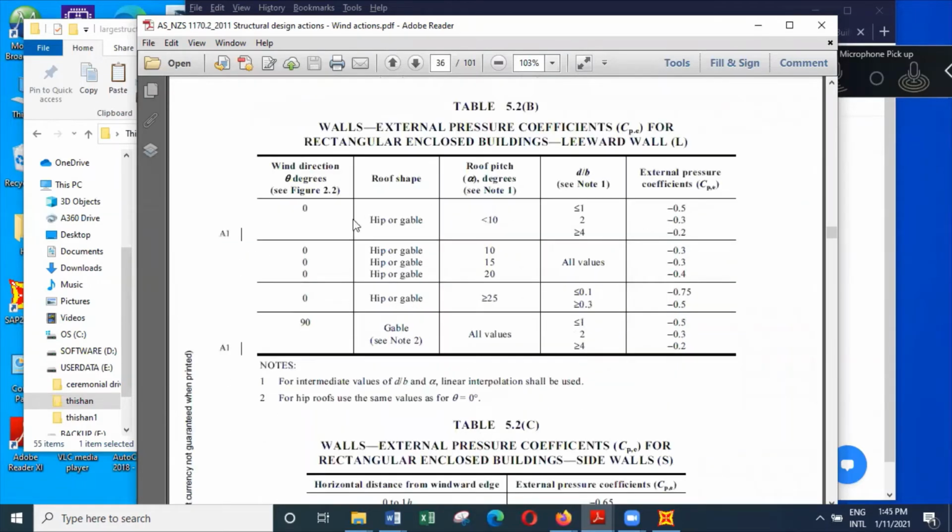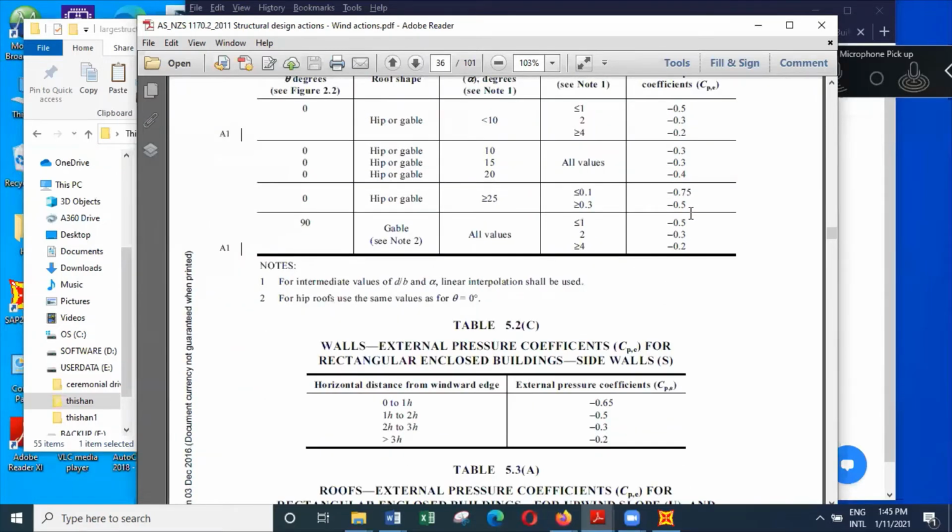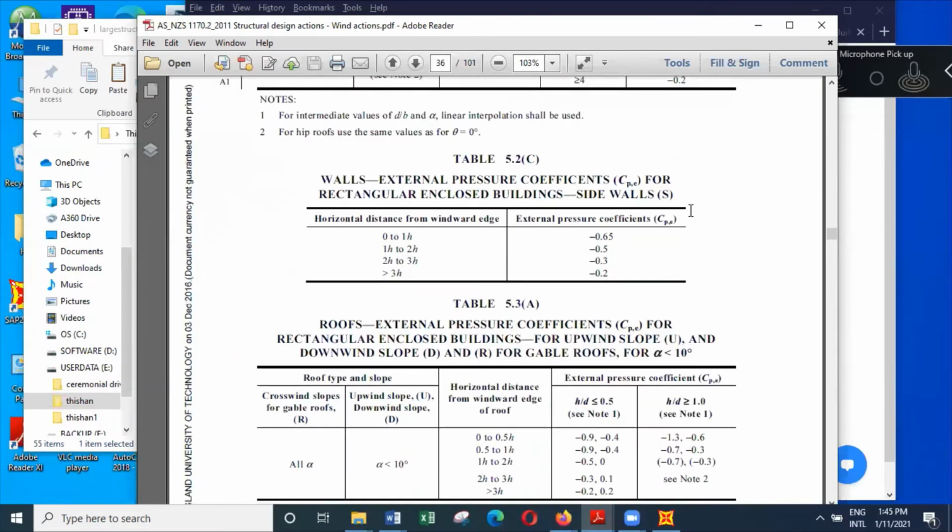And on the leeward face, on the leeward side, you can have different suction values depending on the ratios of the building. I'll explain it a little later in greater detail.